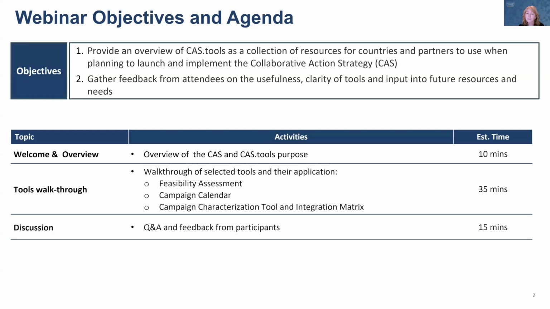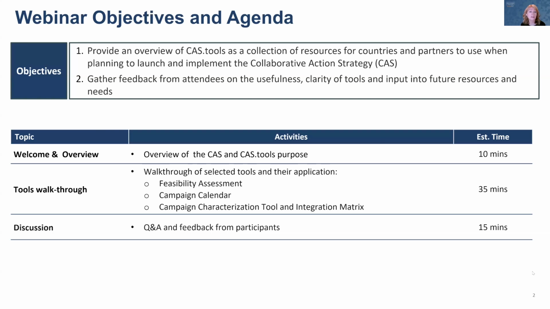And great, I see a lot of people joining from all over the world. So the CAS.tools that you see today are ones that we've used and curated over the past year as we've been supporting the governments of Ethiopia and Nigeria in the process of customizing and launching their collaborative action strategies. So this is a work in progress, and we'll be adding to the tools in the coming months.